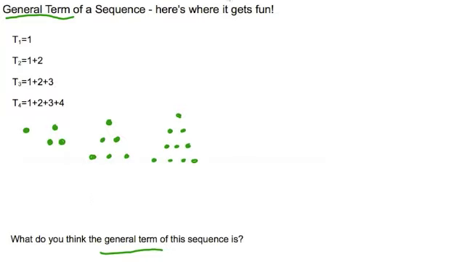So what I'm going to do is try and find a pattern here that'll help me to come up with an equation. So here's what I'm going to do. I'm going to take each triangle, and instead of dealing with a triangle, I'm going to try and make it into a rectangle by doubling it up.